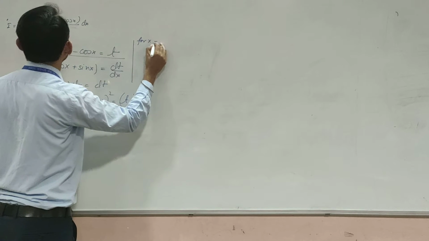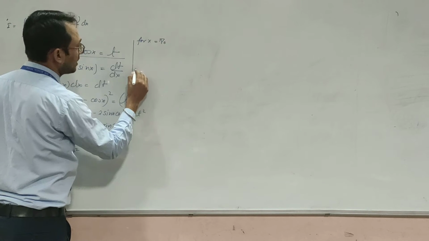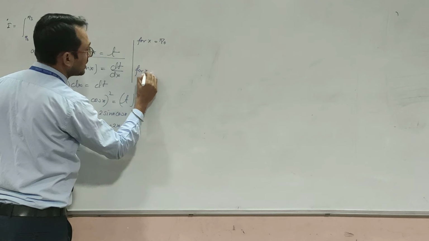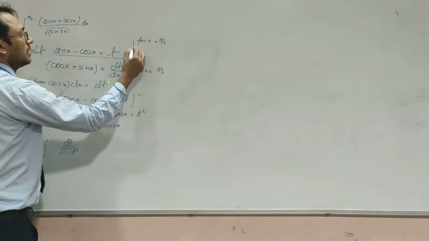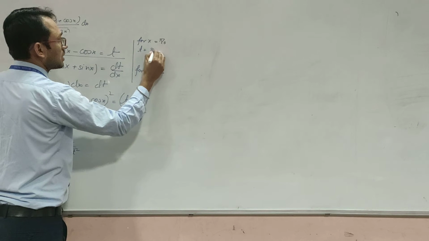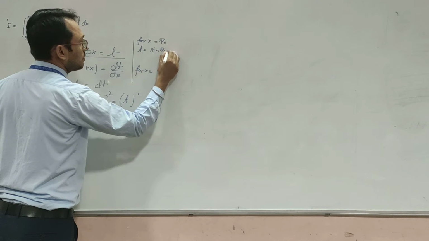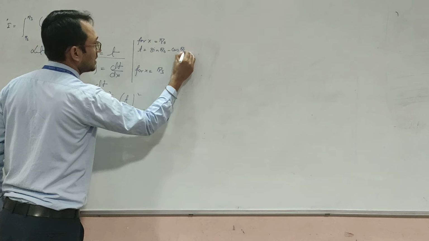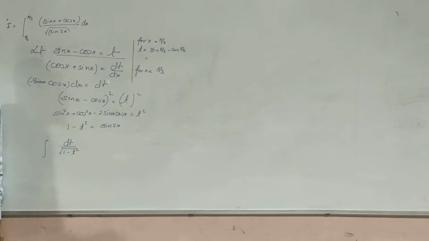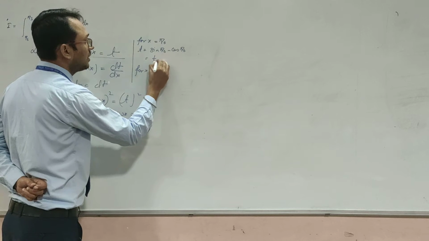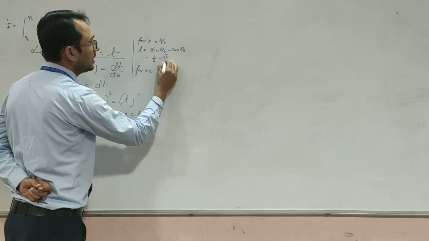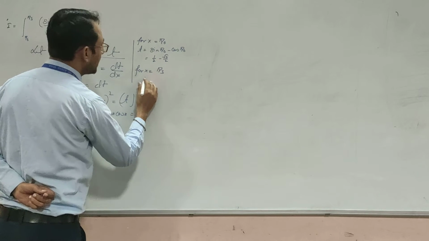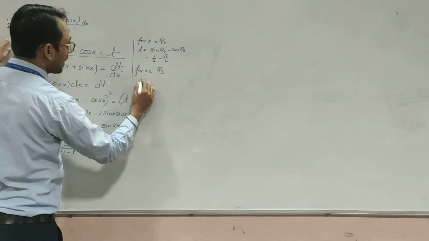For x equals pi by 6, and next for x equals pi by 3, let us put. t will be equal to sin pi by 6 minus cos pi by 6. What is the value of sin pi by 6? 1 by 2 minus cos pi by 6, root 3 by 2.